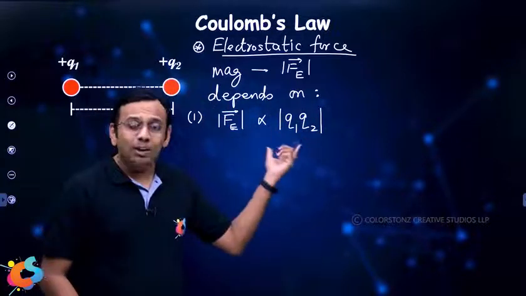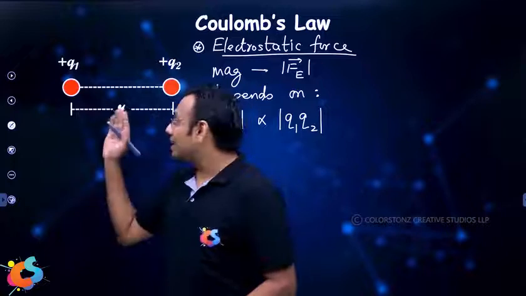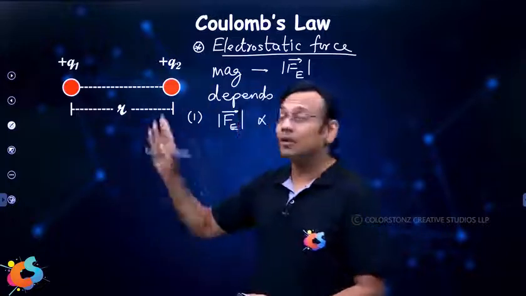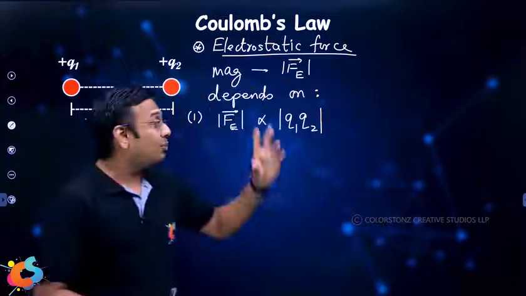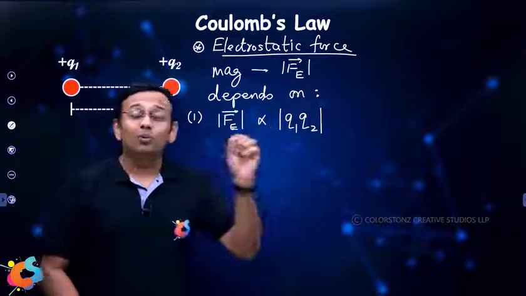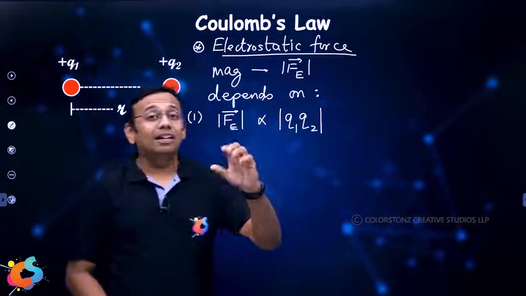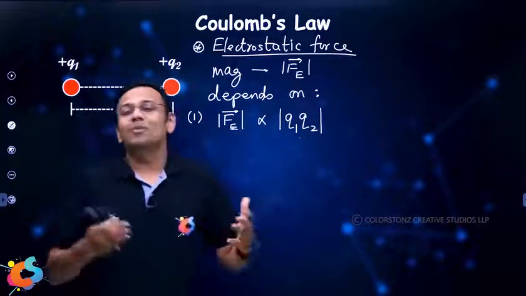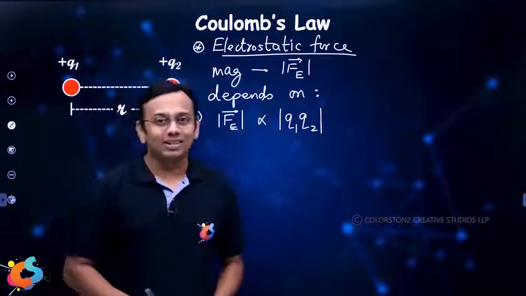We are putting mod here because the charges can be positive and negative. So let's say one is positive, one is negative, then the product will be negative. We don't want that negative sign. In gravitation, we do not have to put this mod because masses are always positive.